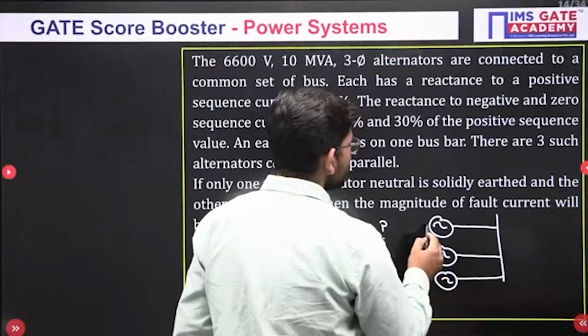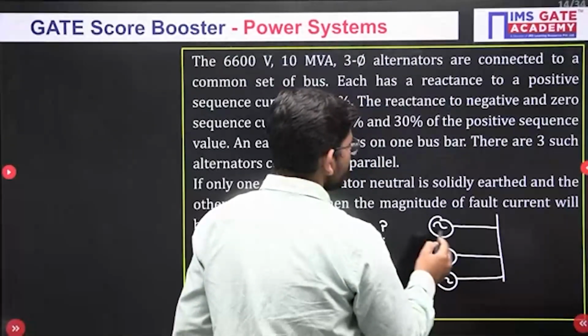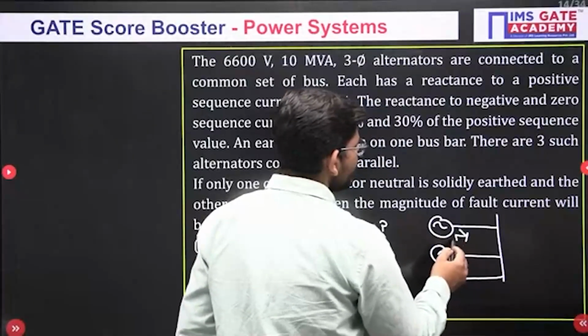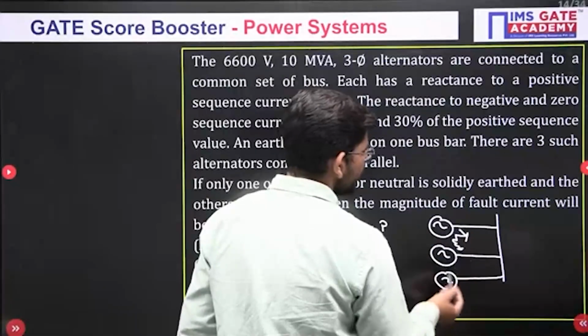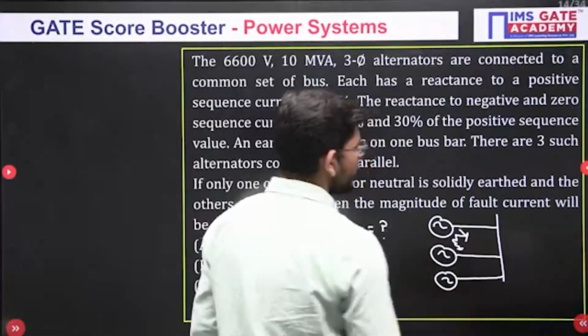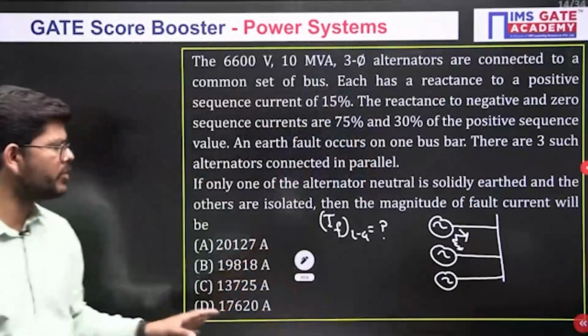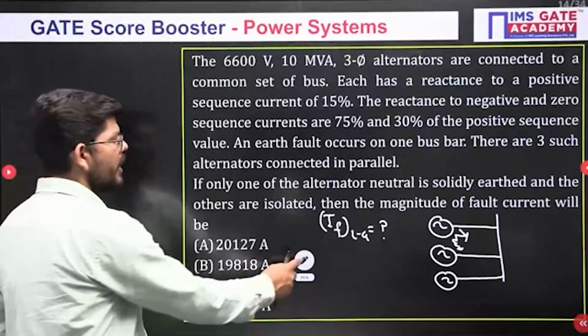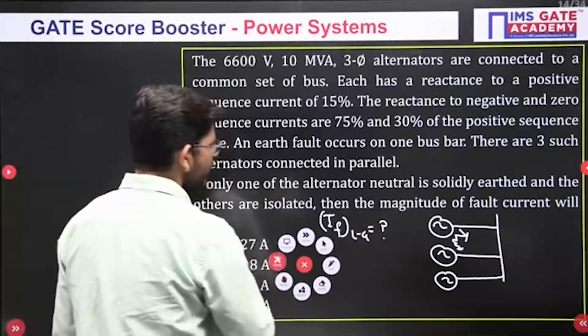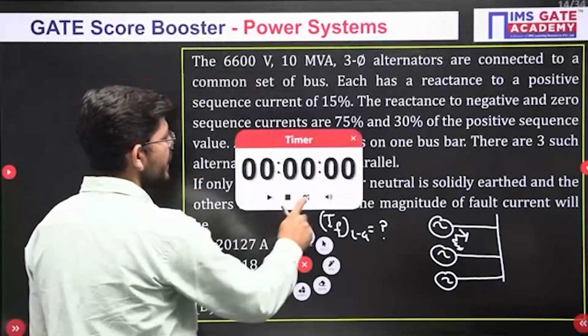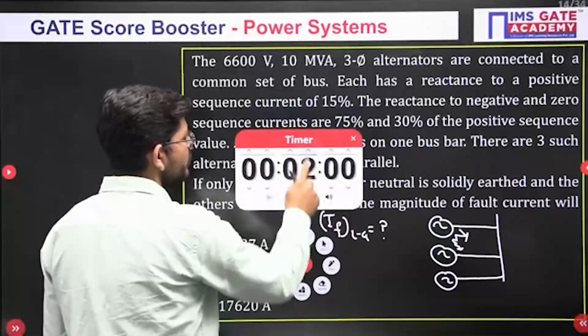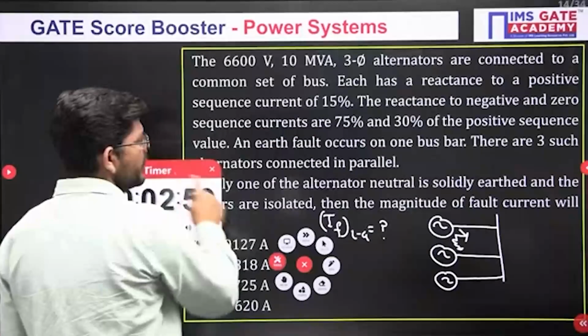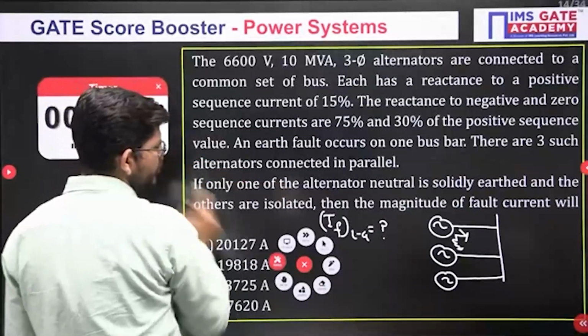Only one generator has its neutral grounded, the rest have no neutral. Okay, so this is the situation you are in, and you have to calculate the line to ground fault current. I know that it will take time, so I am giving you 3 minutes for this question, but I am very sure you will be able to solve this.